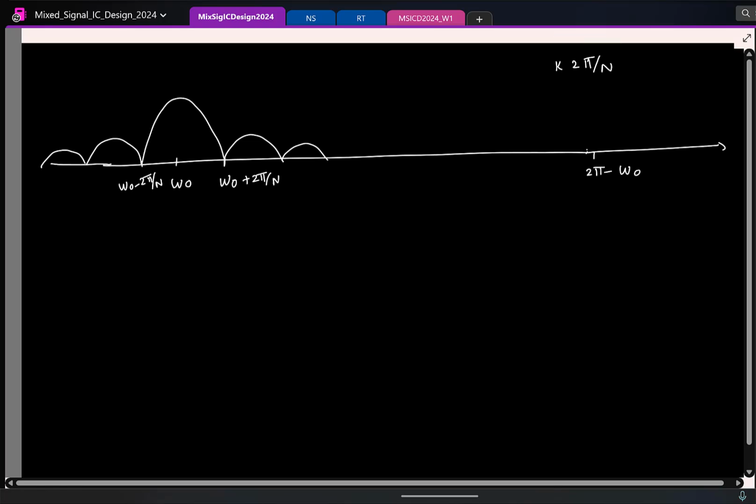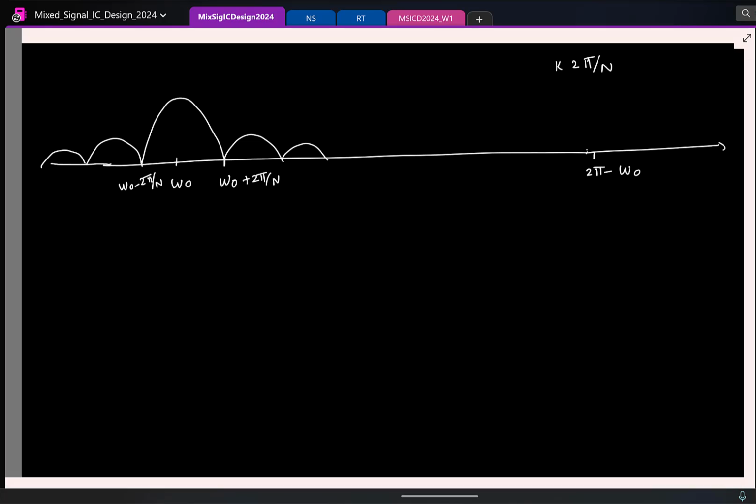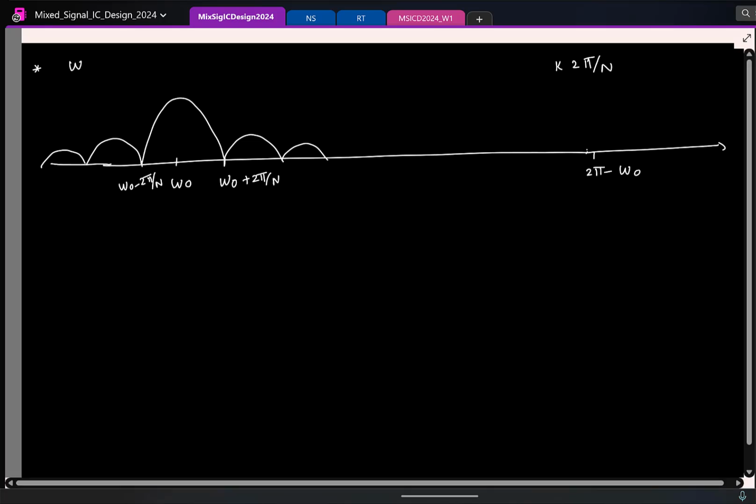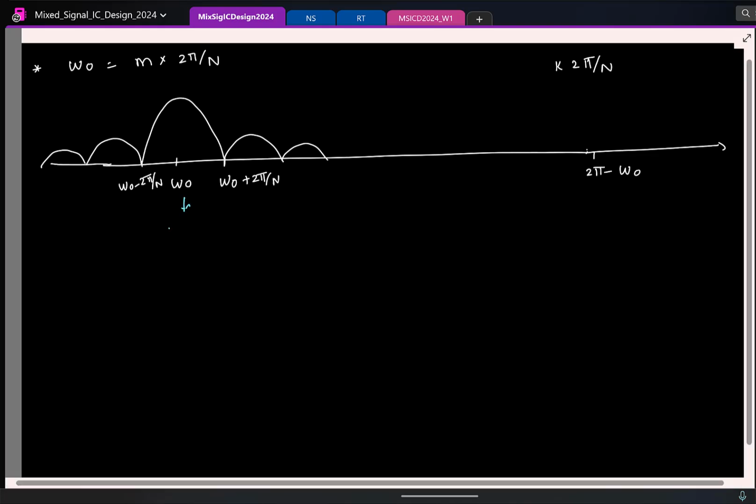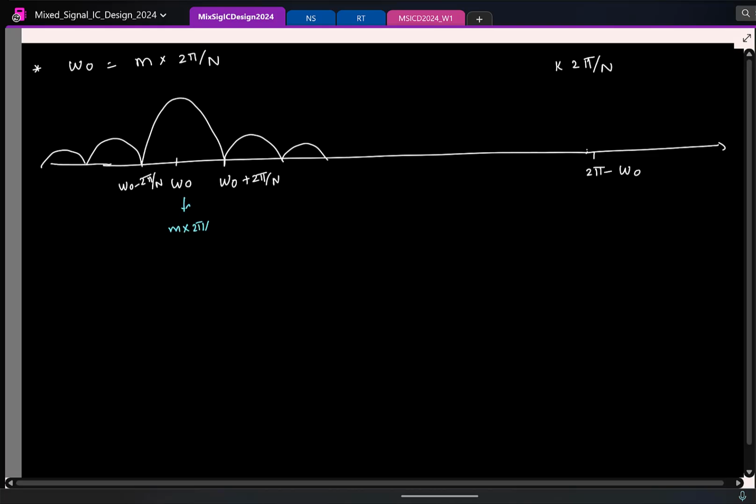Okay. So let us say now I consider a case where omega naught is of the form m times 2 pi by n. It's an example. So this becomes m times 2 pi by n. What is the value of the null now? m plus 1 times 2 pi by n.